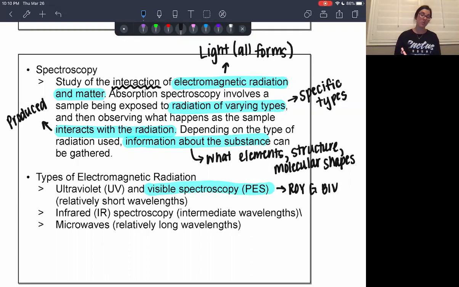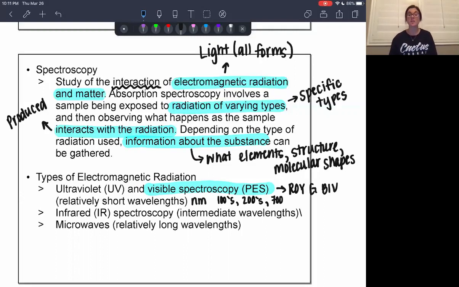Remember, wavelengths are referred to in nanometers. So we're talking about the 100s, 200s, 300s, 400s, really, really low, maybe all the way to 700. In that range, very, very short wavelengths.